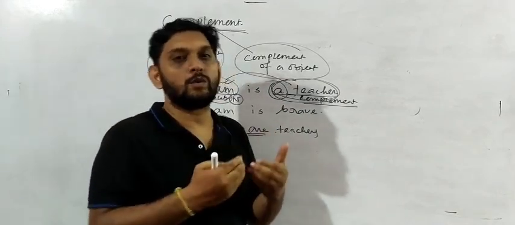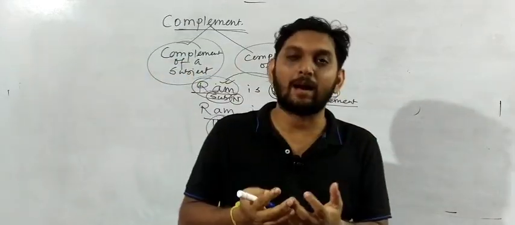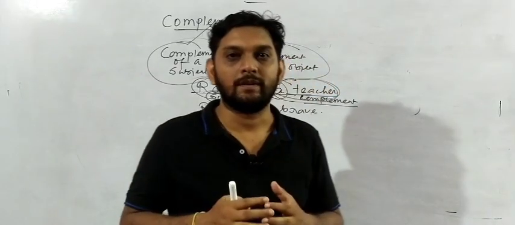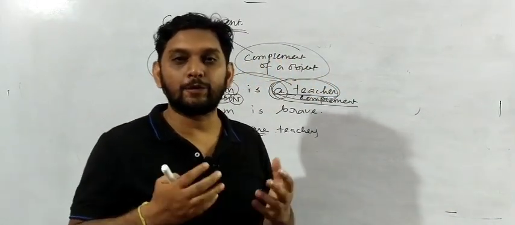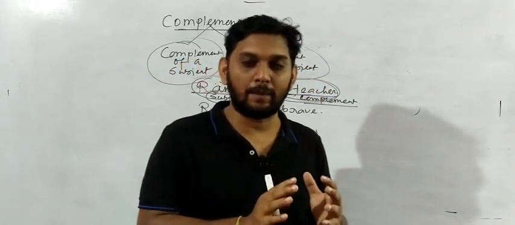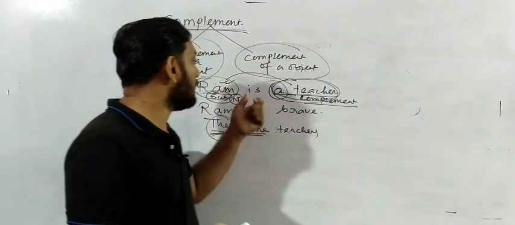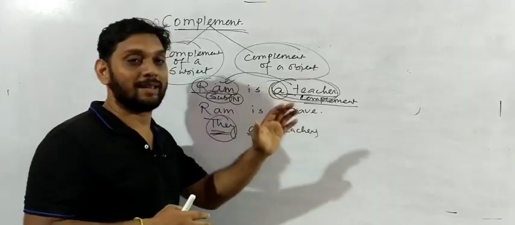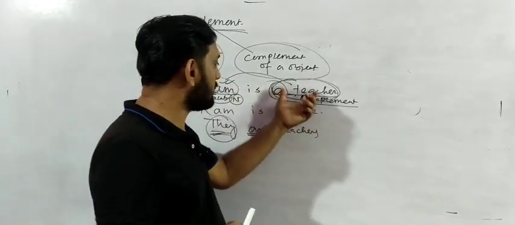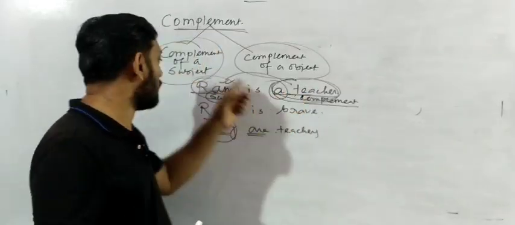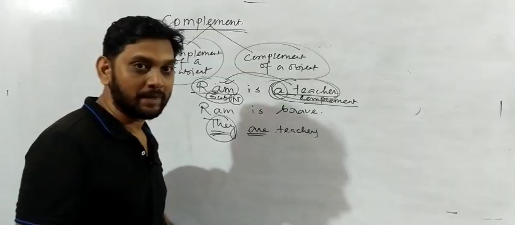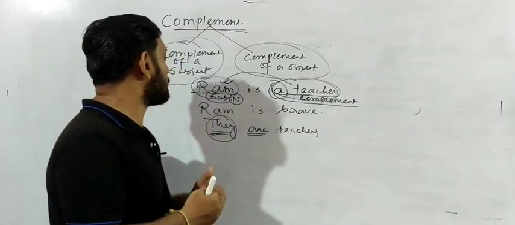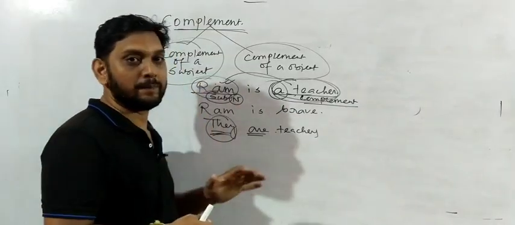That means we want to know about Ram, yes or no? And in order to get the information about Ram, we ask who is Ram. So we get the information that Ram is a teacher. So this "a teacher" is the complement of the subject Ram.